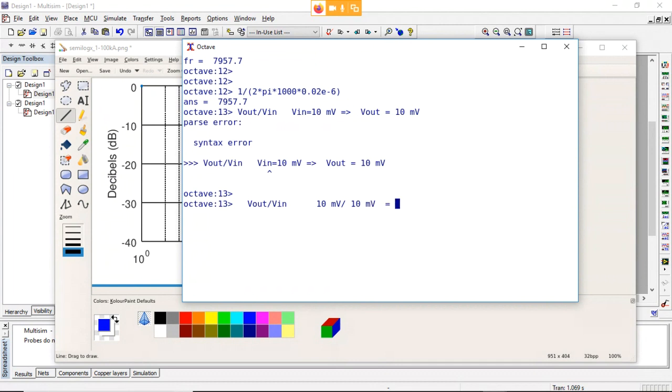right, which is 1. All right, now notice the millivolts cancel because it's millivolts divided by millivolts. And so you have a gain of 1, which is the highest you can get without amplification. Okay, so this means that everything coming in is going to the output. It's a gain of 1. The highest you can have is a gain of 1 unless you add in an amplifier.